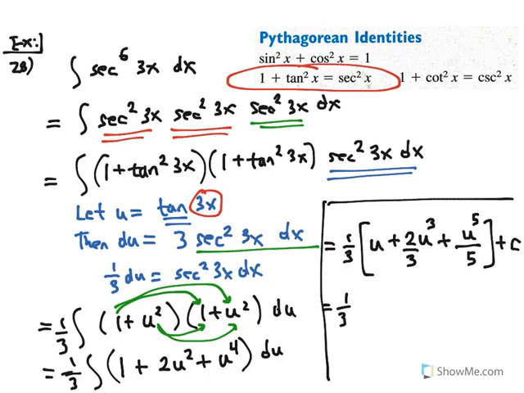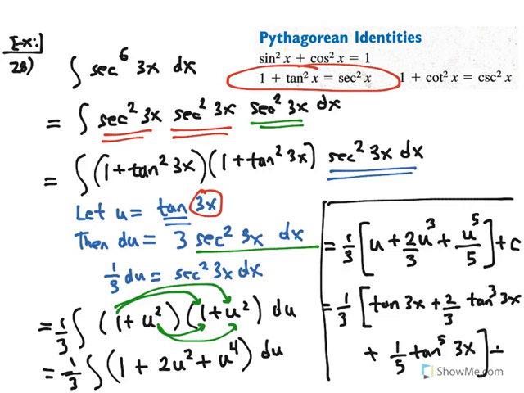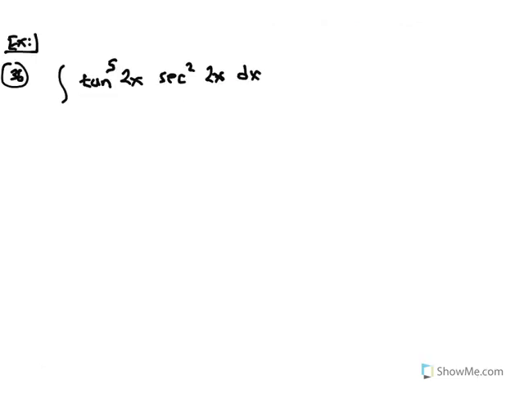And finally, go back to x by replacing every u with tangent of 3x. So we have 1/3 times tangent of 3x plus 2/3 times tangent cubed 3x plus 1/5 times tangent to the 5th power of 3x plus our constant of integration, and that's our final answer.